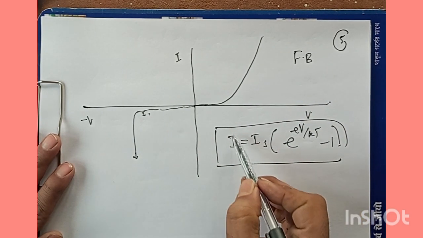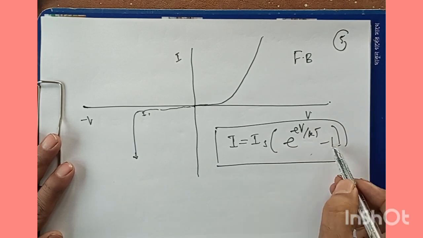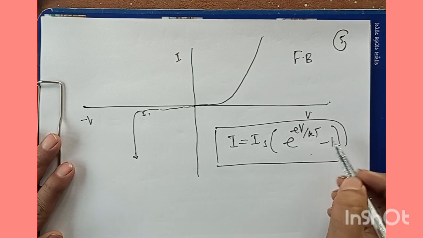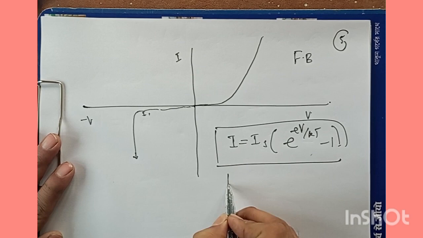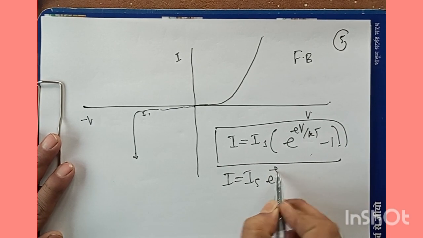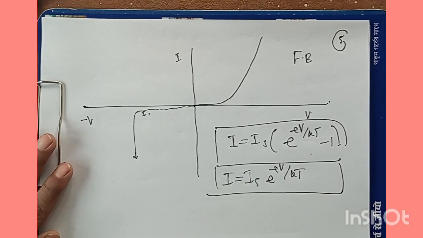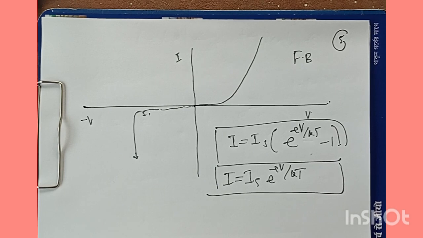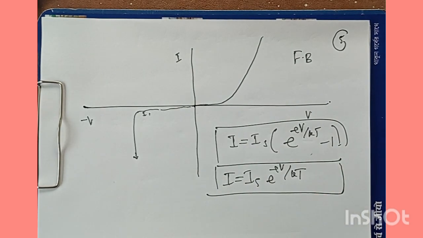This function is exponential, and we can neglect the minus 1 in front of it, so we have a reduced equation, I equal to IS e to the power of EV by KT, and from this equation it's clear that we have the exponential rise in the current in the forward biasing of a PN junction.